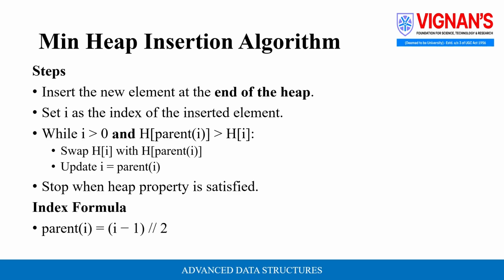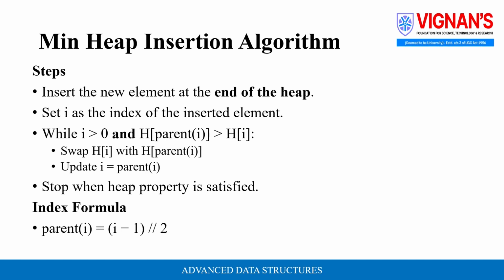Next, set i as the index of the inserted element. Then, while i is greater than 0, and the value of the parent of i is greater than the value at index i, perform the following steps. Swap the element at index i with its parent. Update i to the parent index.